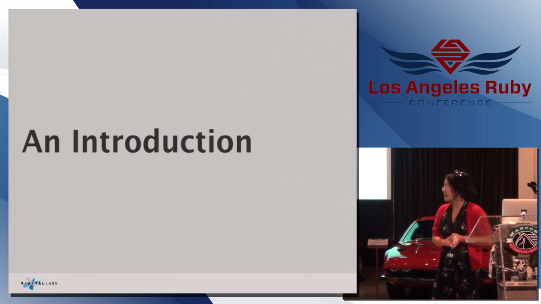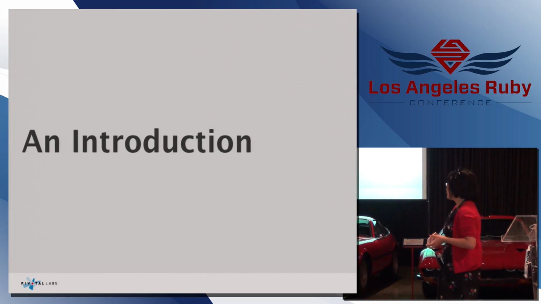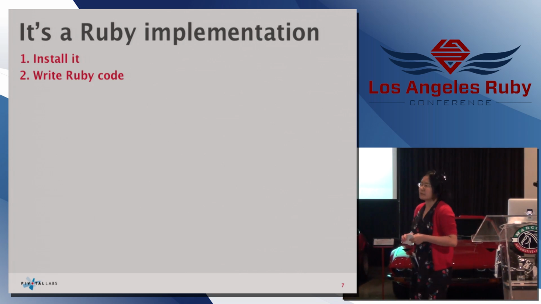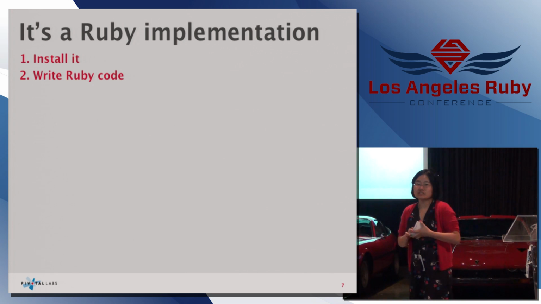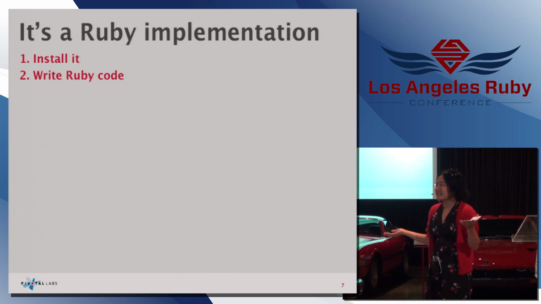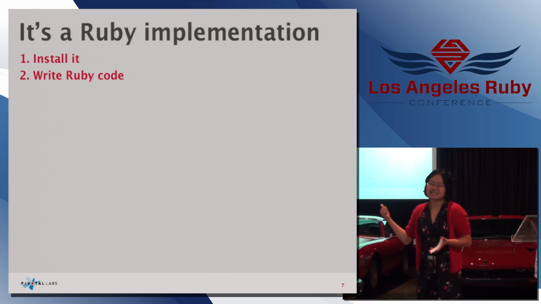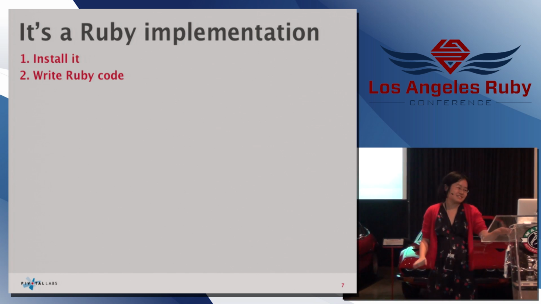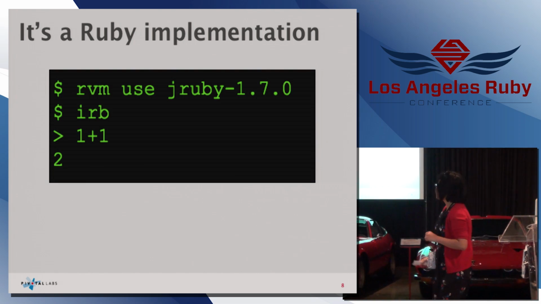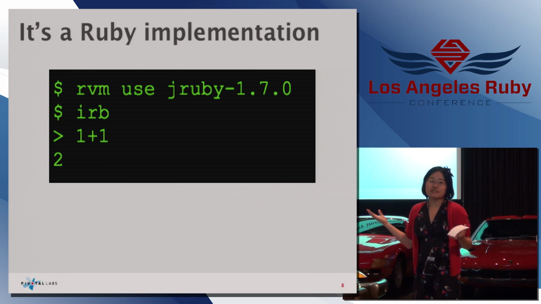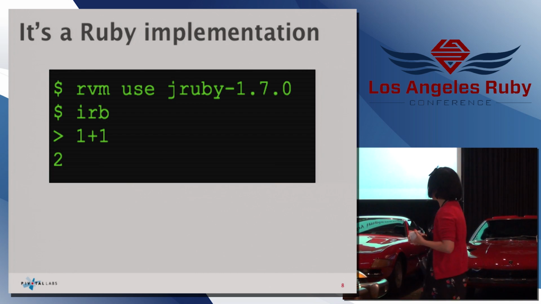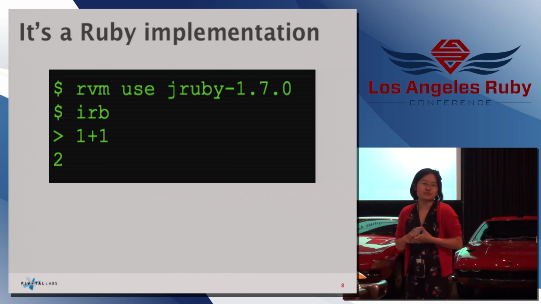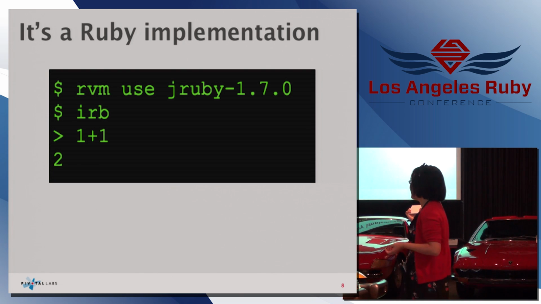All right, so now I'm going to tell you a little bit more about JRuby. So JRuby is a Ruby implementation. So to switch your project over from Ruby to JRuby, it's basically step 1, install JRuby, and step 2, write Ruby code. So here's a code sample. If you're using RVM to manage your Rubies, then it's as simple as typing rvm use.